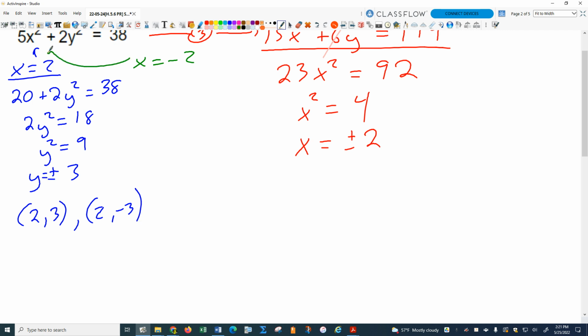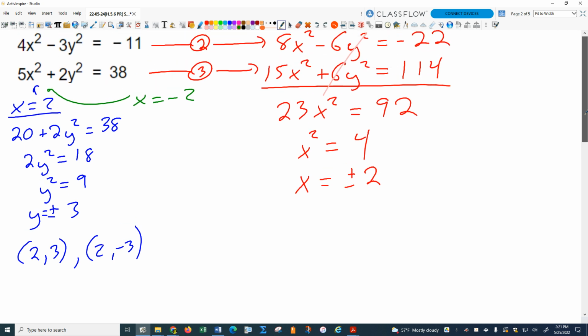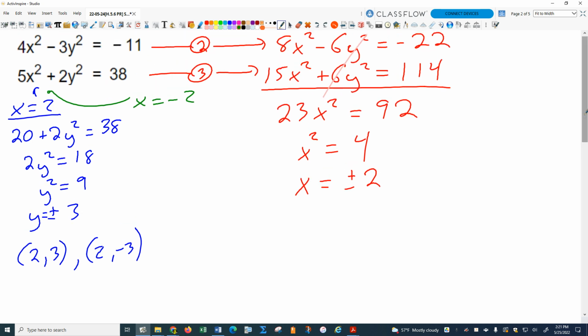So if I plug negative 2 into that top equation, what's 5 times negative 2 squared? 20. So I get 20 plus 2y squared equals 38. Does that look familiar? We've seen that before. That's the same equation that we solved in blue, isn't it?